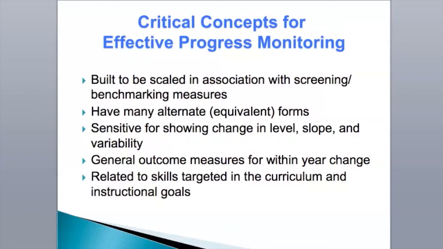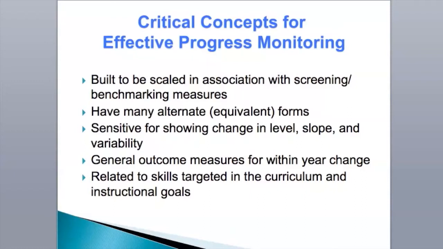So after analyzing the benchmark measures, though, teachers want to think about administering progress measures for those who are most at risk. So, for example, the progress measures in EasyCBM have been scaled in association with the screening and benchmark measures at each grade level. But again, off-grade level measures for progress may be used in evaluating instruction.